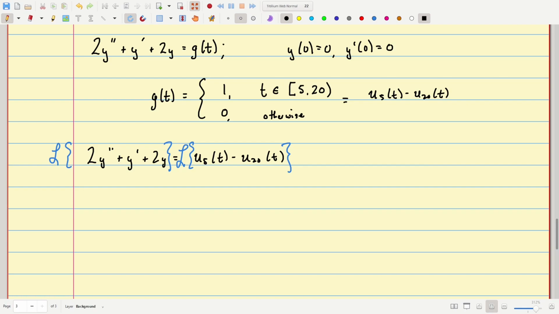Using the identity that we had from last class, we will convert these derivatives.